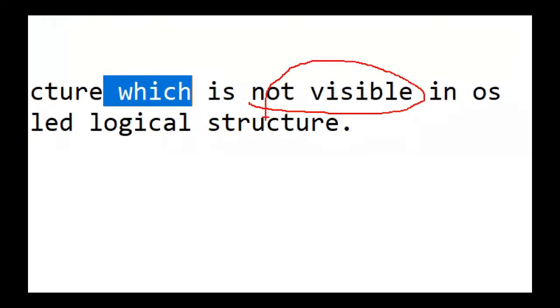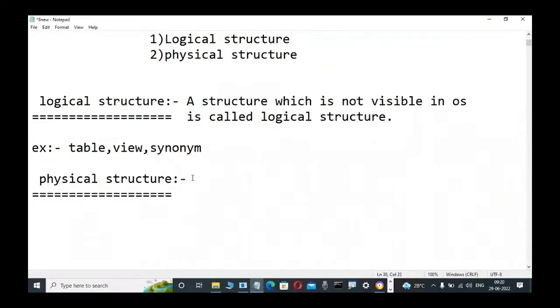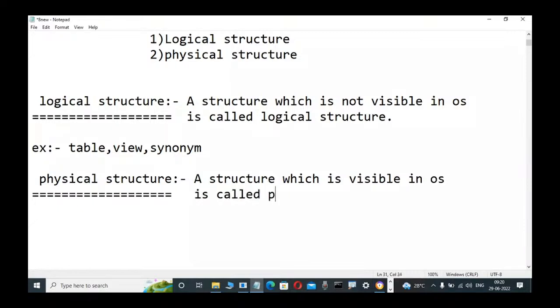A structure which is visible in the operating system. A database structure which is visible in the operating system is called physical structure.